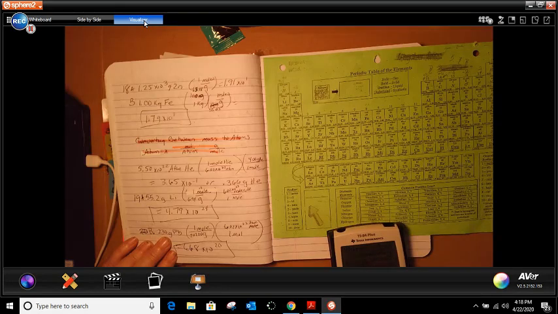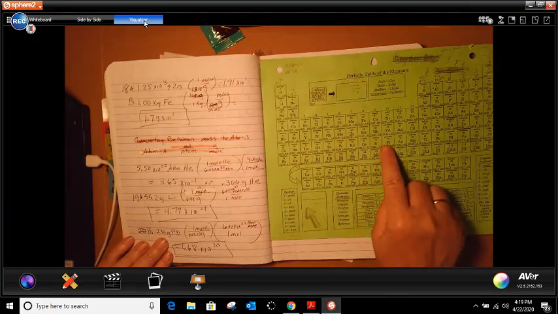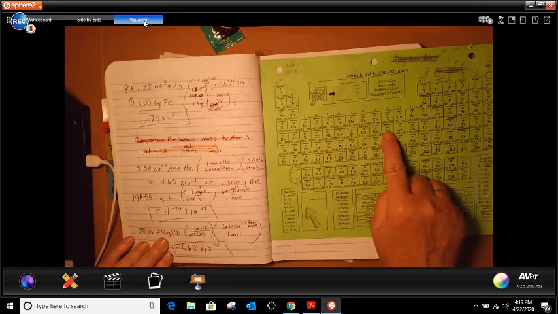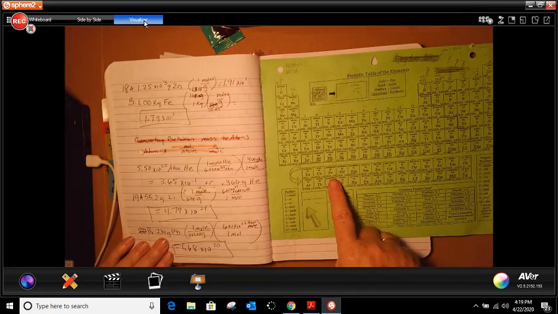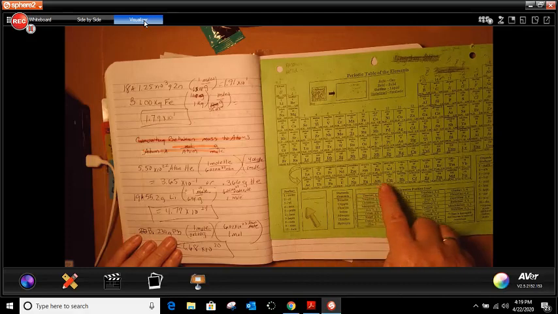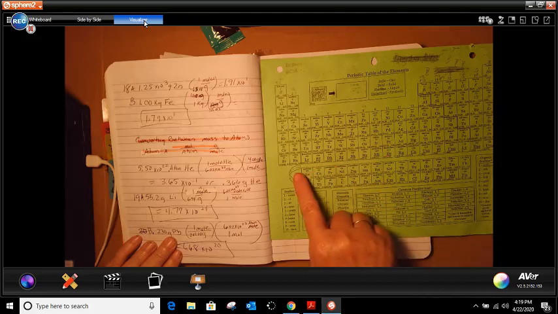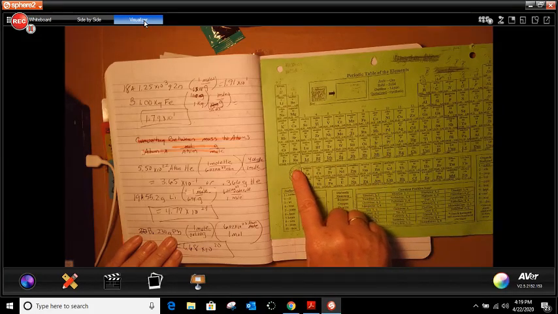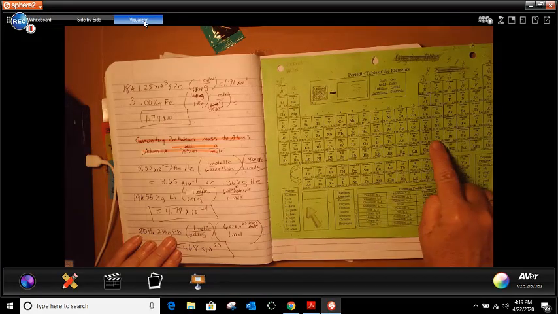So PB, on our periodic table, is where? Let's see if we can find it. There's PD. So I'm still looking. There it is. Lead is right there.